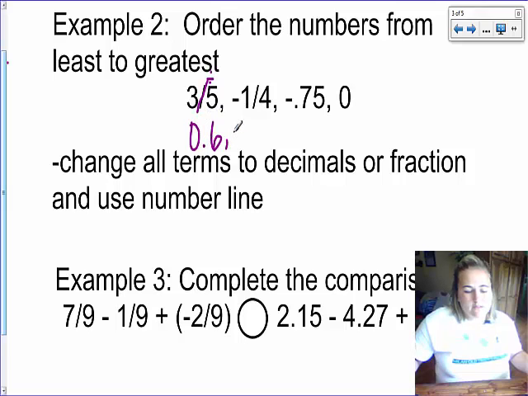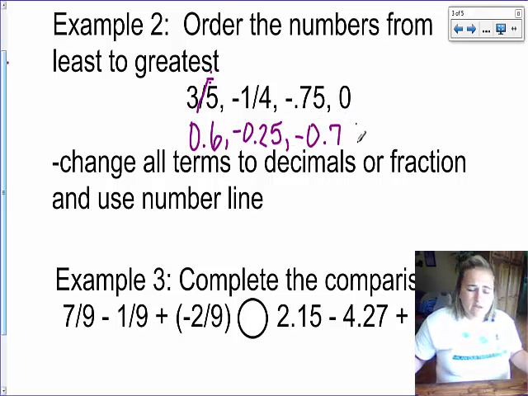Then we have negative 1/4, which is negative 0.25. And then we have negative 0.75 and 0. Okay, so then it says to use a number line. That's only if you really need to, but we'll do it because they suggest it.